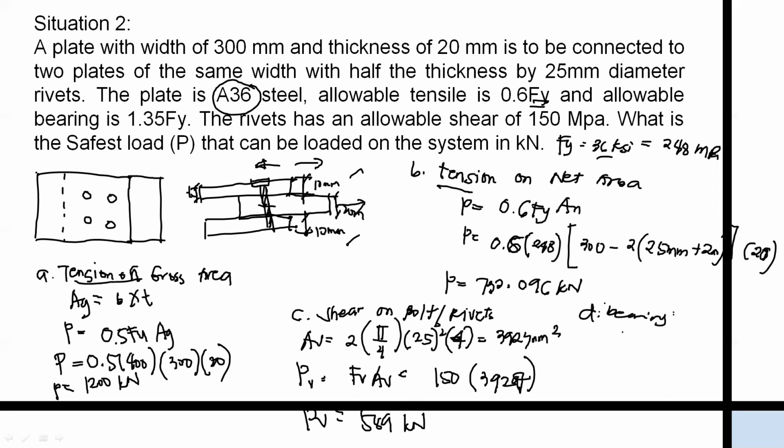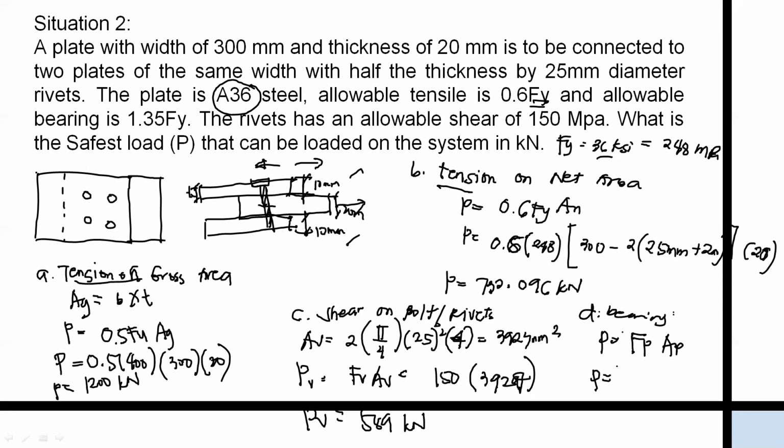Bearing. So that would be your force P multiplied to the stress for bearing and the area of bearing. Okay, so we have two areas for bearing. The first one is with the thickness of 10 plus 10, that is also 20, and also the other one is 20.